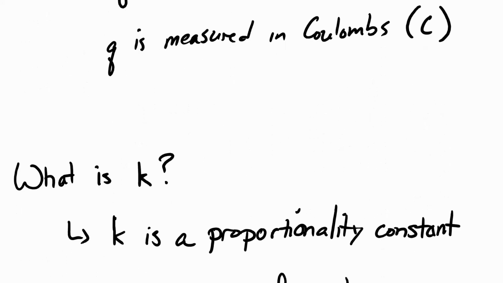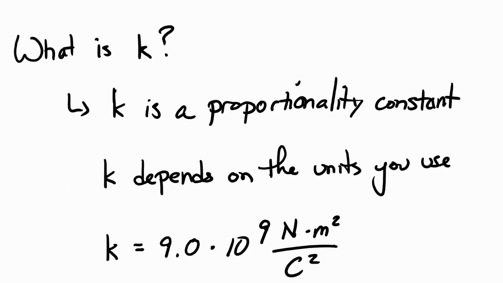What is K? Sure, everyone is so happy to have another K. This K, it's lowercase. It is a proportionality constant, which means it's just there to get the units right. So it depends on what units you use. In SI units, where we're measuring forces in newtons, distances in meters, charges in coulombs, K is 9 times 10 to the 9th newtons meter squared per coulomb squared.